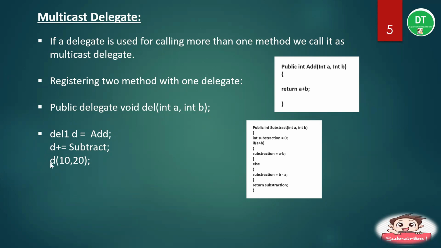So this delegate object can be used to call both the methods add and subtract. So when I will write d and in bracket 10 comma 20 semicolon, it will call add method then subtract method. So this is the multicast delegate. And one more thing in this is that multicast delegate is not good for calling the method which returns the values.